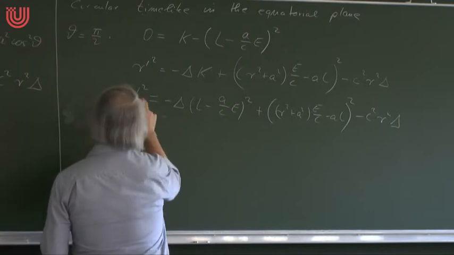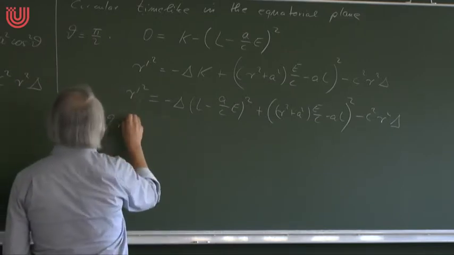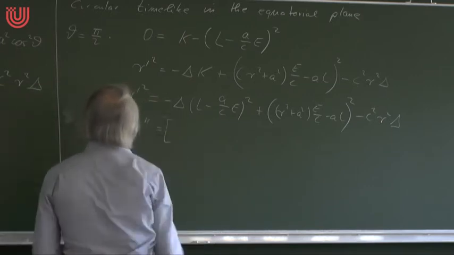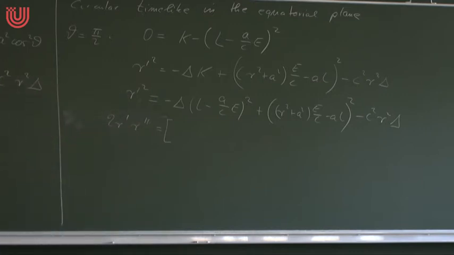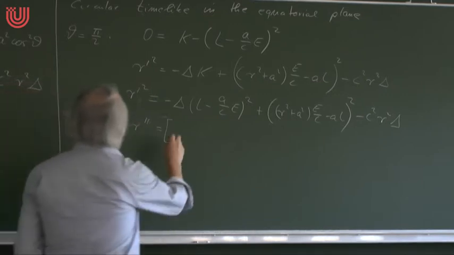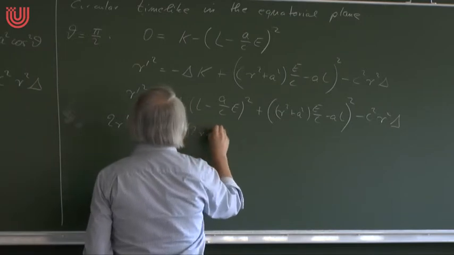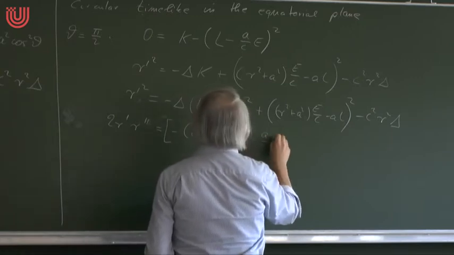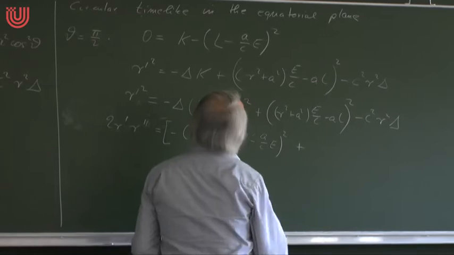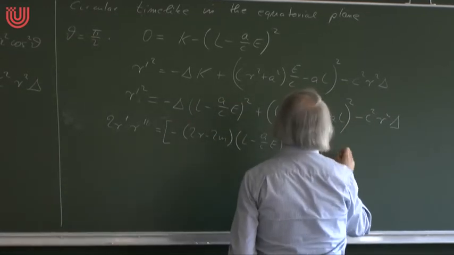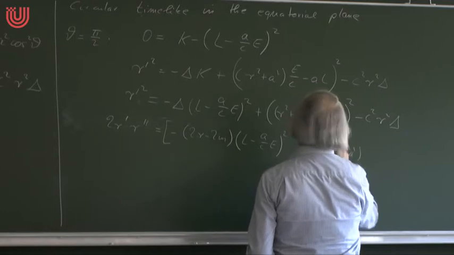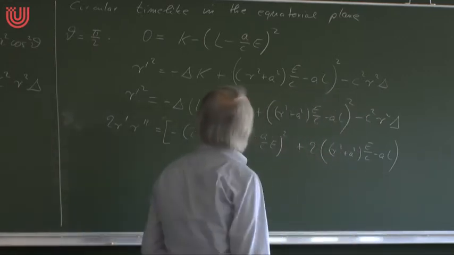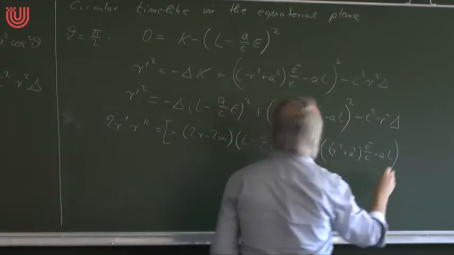So I differentiate this with respect to the parameter lambda, and I get 2 r prime r double prime. Now I differentiate this whole expression with respect to r. Delta is written on the board; if I take the derivative, I get minus 2r minus 2m. This is a constant, so it is unchanged. And if I differentiate this, I get 2 times the bracket, a squared E over c minus a L, and then the inner derivative 2r E over c.